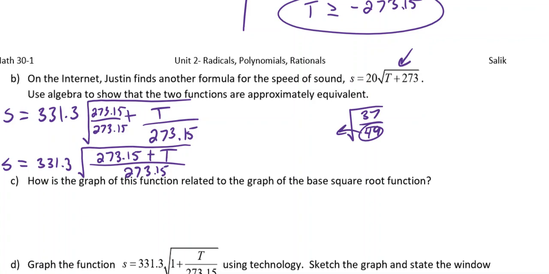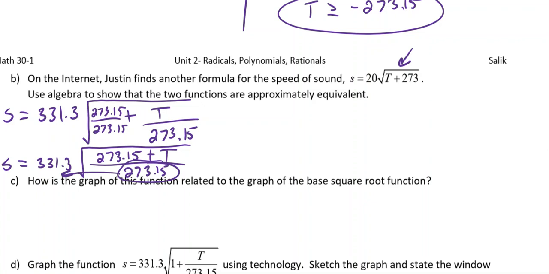That would be the same thing as 1 over 7 times the square root of 37. You can just pick the bottom and take it out. That works too. We're just going to do that same little trick here. We're actually just going to take the square root of 273 and pull it out on the bottom.